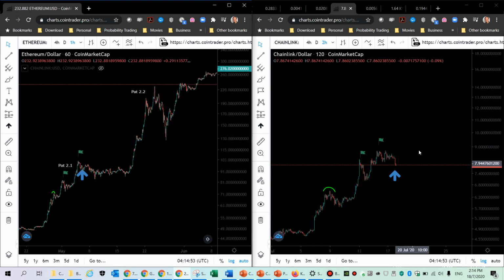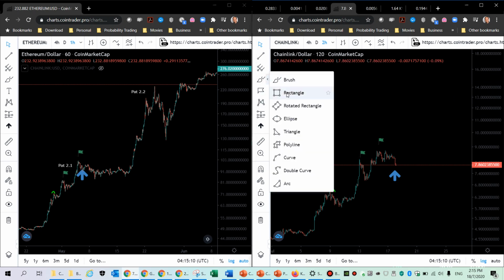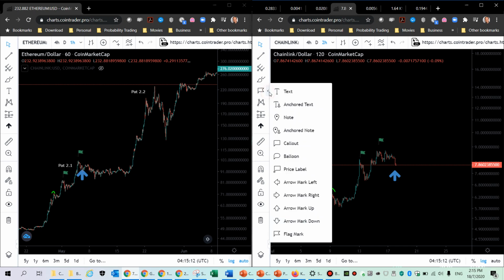But the Chainlink one will have to happen somewhere maybe in the $18, $19 region, I think. But that will be a few months from now. So this should be pattern, where is that? Okay, text.